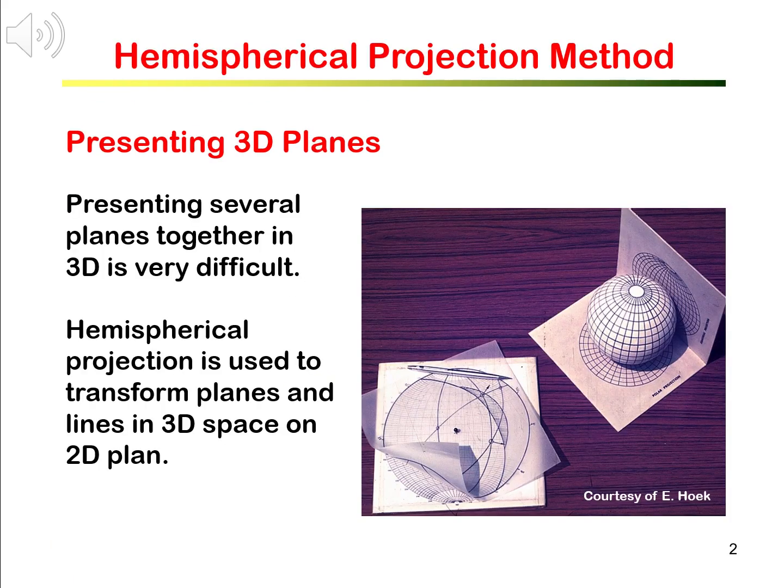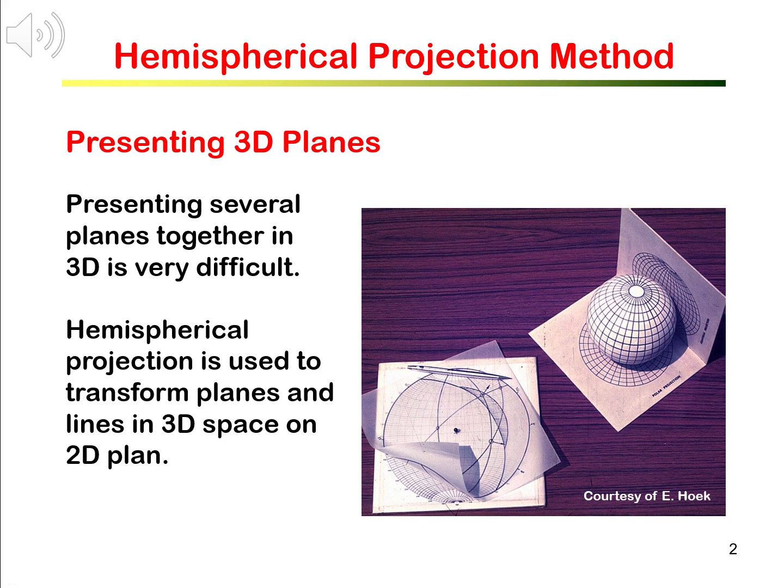Imagine if you wanted to present a plane on a piece of paper. You can draw the plane in a 3D perspective drawing. If you are asked to draw another plane on the same paper, it gets a bit messy and mixed between the two planes. Color may help to differentiate.